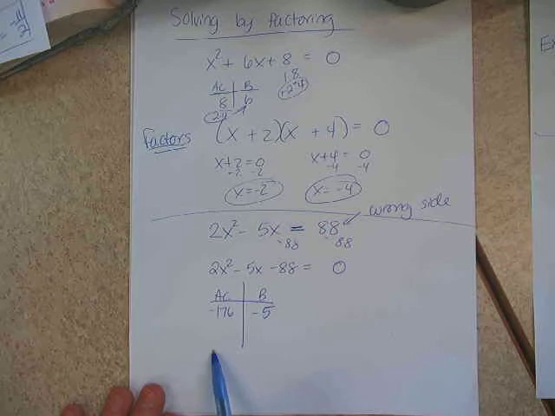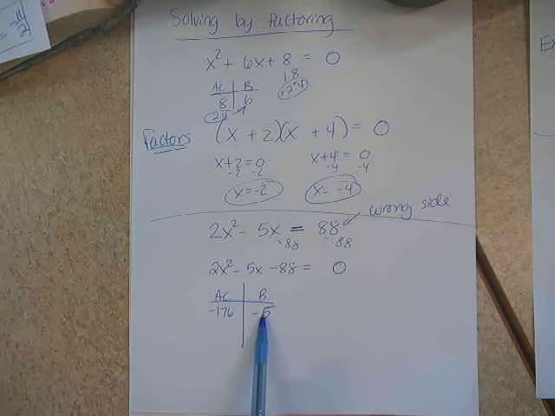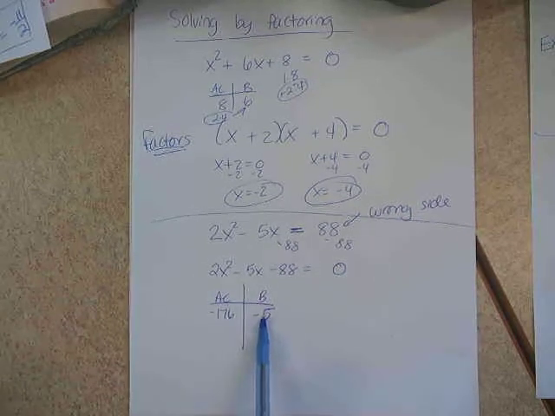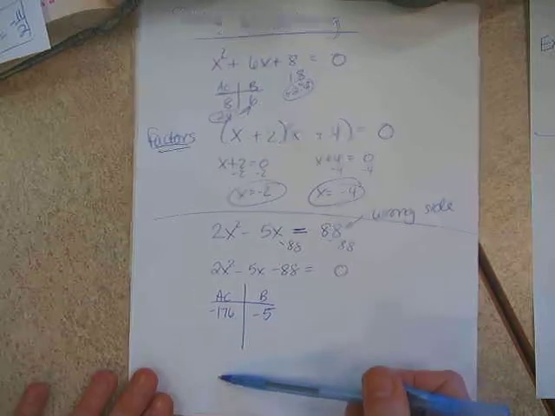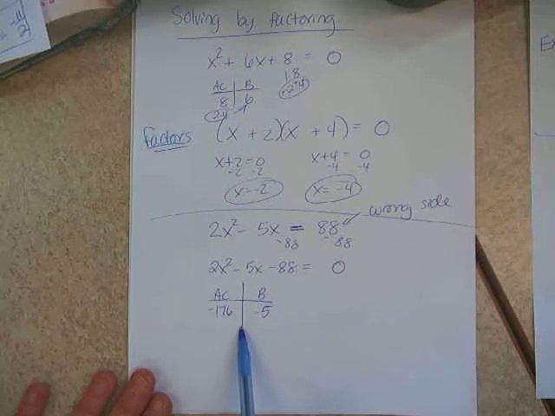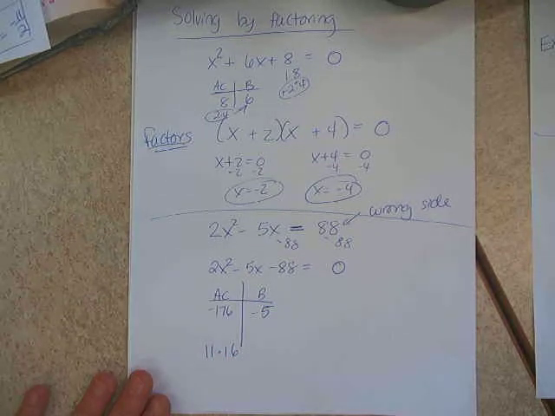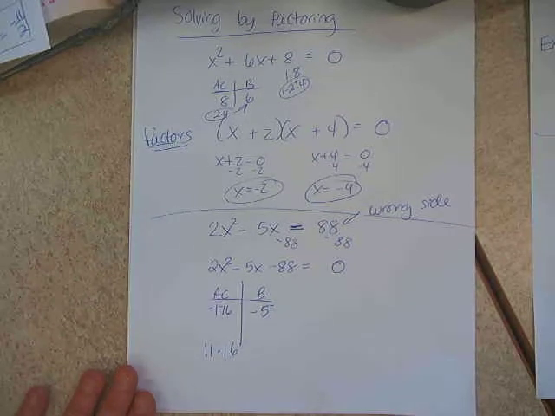Have you guys figured out by now that the smaller this number is, the closer your factors are going to be to each other? Like if this were 1, they'd only be consecutive, like 7 and 8, or 5 and 6. The bigger this gets, the farther I go down, the closer my numbers get to each other. So it's not going to be 1 and 176 or 2 and 88. If you're checking your pairs, we get down to 11 and 16.